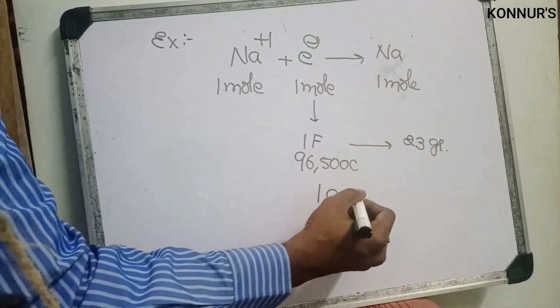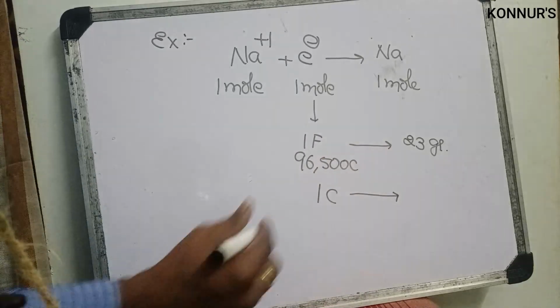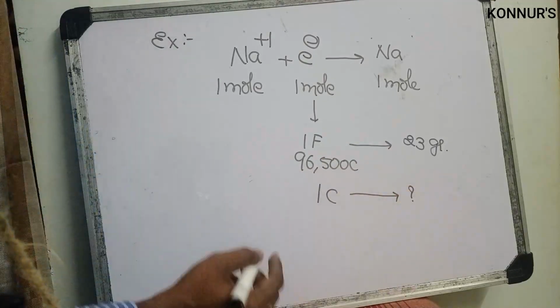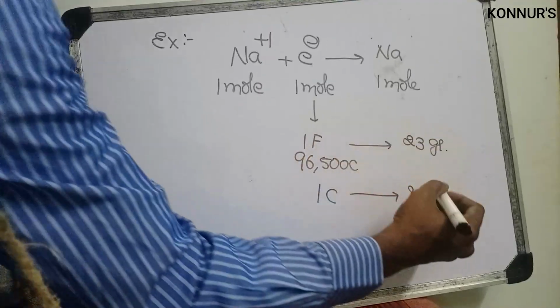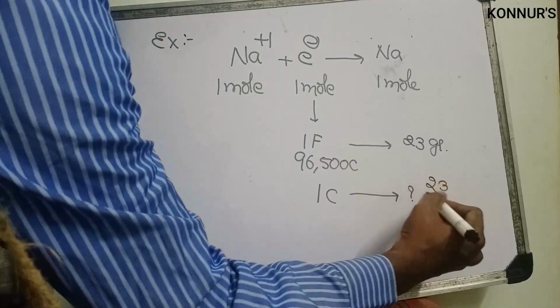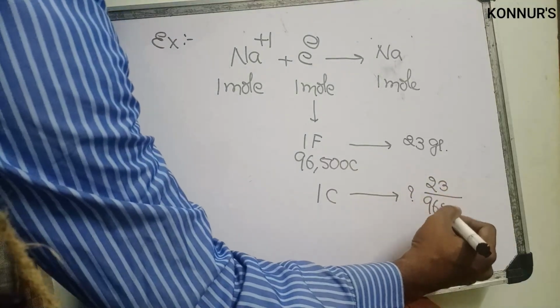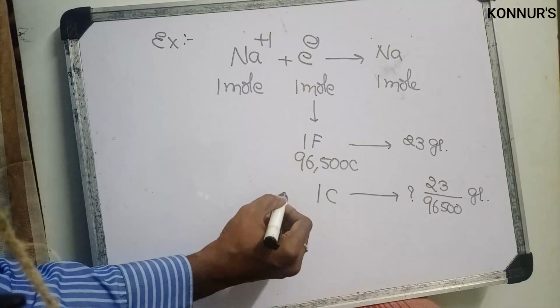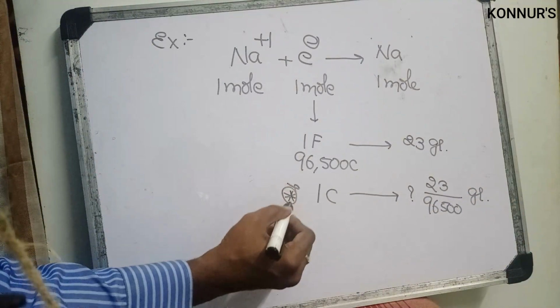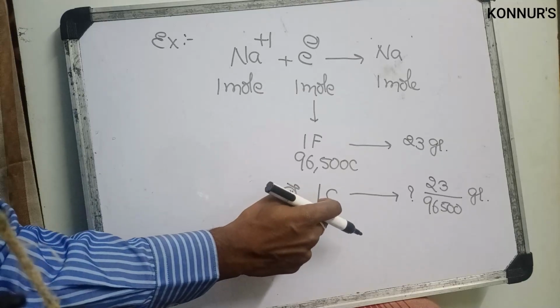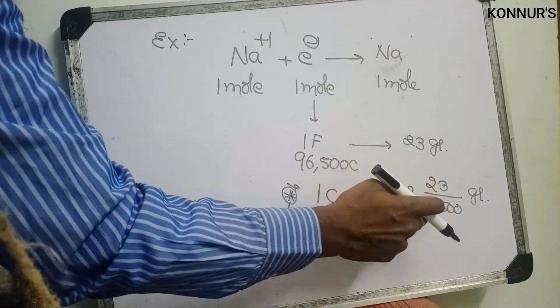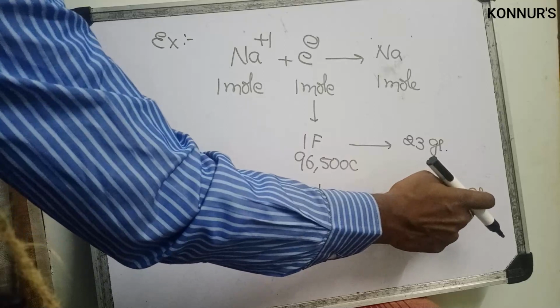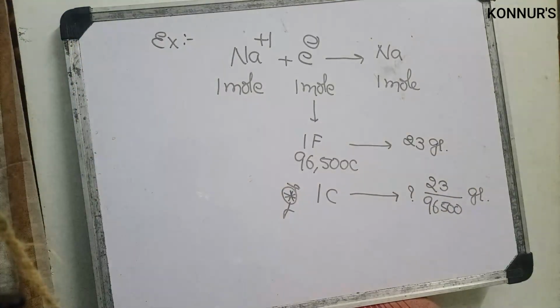Suppose I am sending 1 coulomb only. How much is deposited? Cross multiplication, so your answer is 23 by 96,500 grams will be deposited. So concentrate here: whenever we are sending 1 coulomb of current, weight by 96,500 grams is deposited.